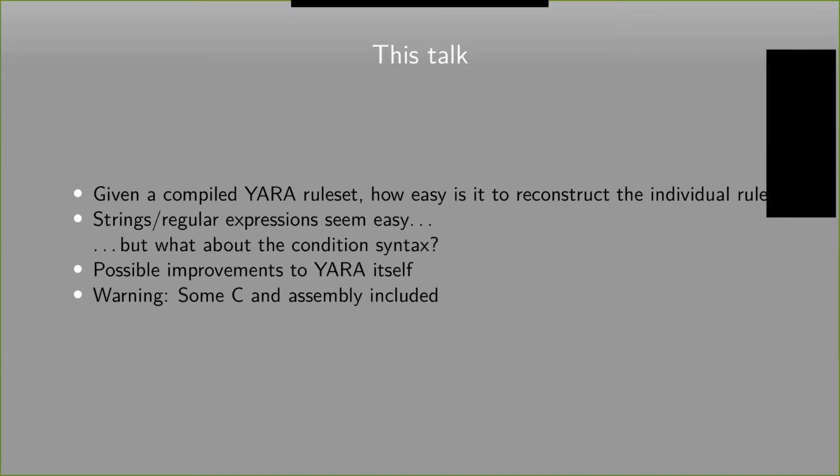So we're going to take a look at that and do a deep dive into the YARA compiler and come up with some possible improvements to YARA. And I have to warn you, there might be some C and assembly included.